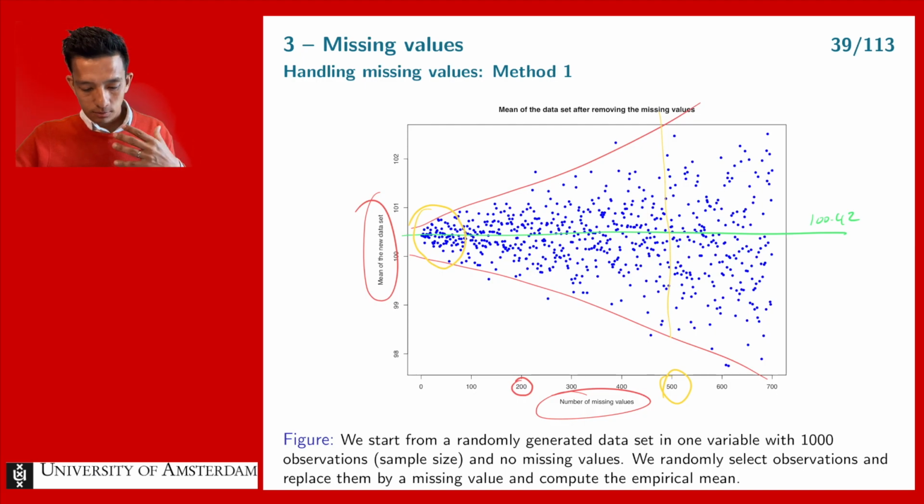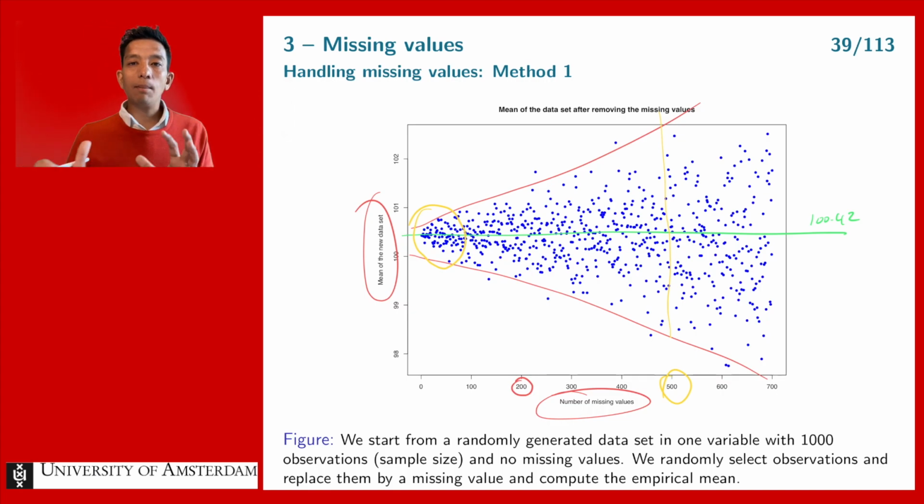So it means that removing missing values is a good approach, but you have to take into account that you have a variability in your estimates. And especially if you have many missing values, this can make your predictions unstable, because you have too much noise, and it means that it's not that reliable anymore what you calculate.